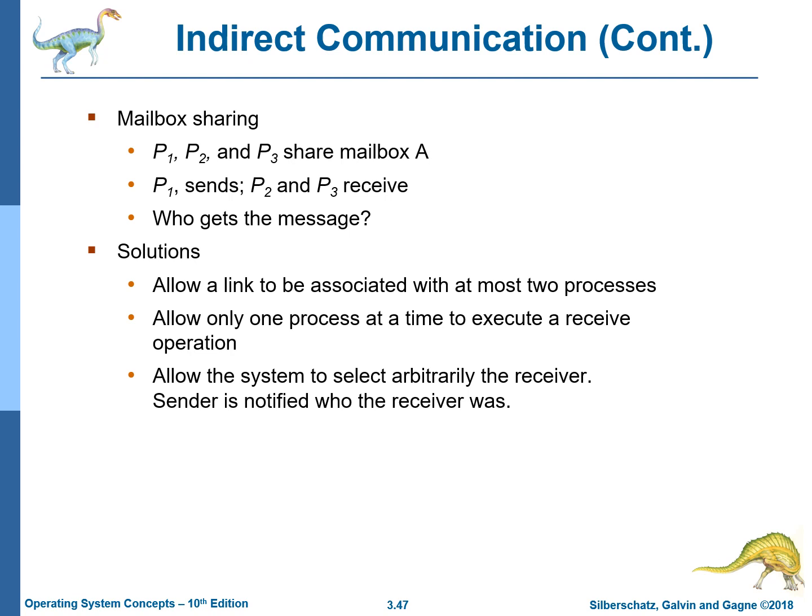So who gets the message? Solutions: allow a link to be associated with at most two processes; allow only one process at a time to execute a receive operation; allow the system to select arbitrarily the receiver. The sender is notified who the receiver is.